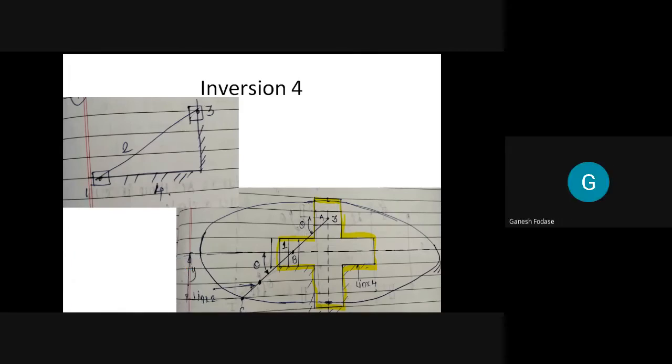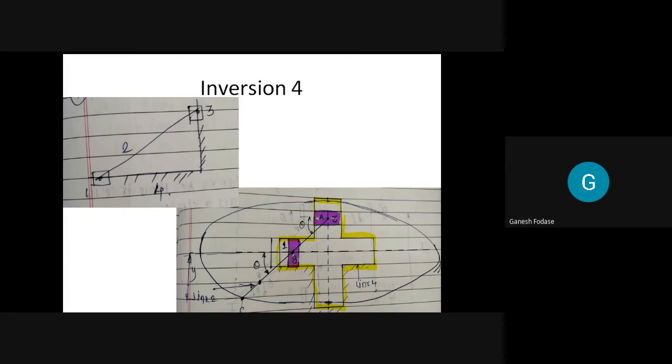Yes. So this is link 3, and link 3 forms a prismatic pair, or we can say 3 is a slider. So 3 forms a prismatic pair with link 4, as well as link 1, which is also a slider, forming a prismatic pair with link number 4.